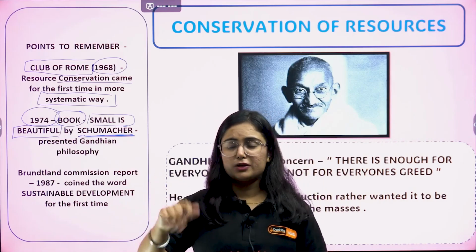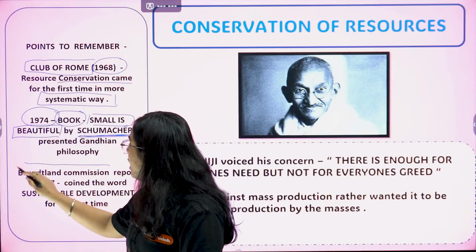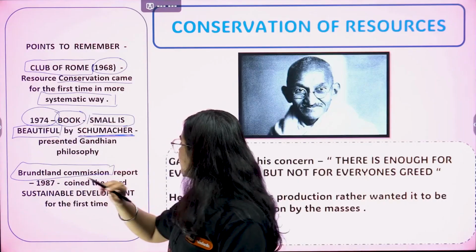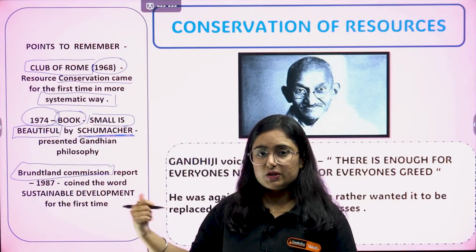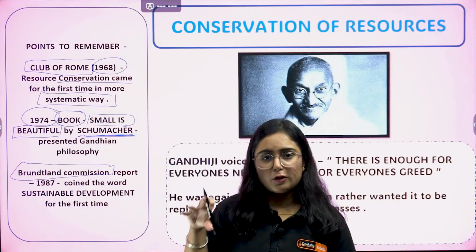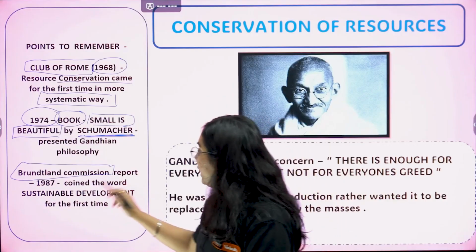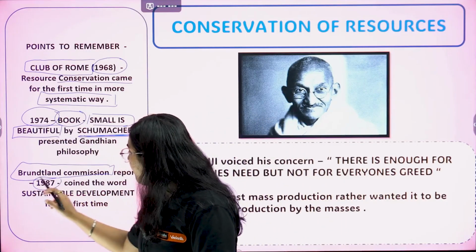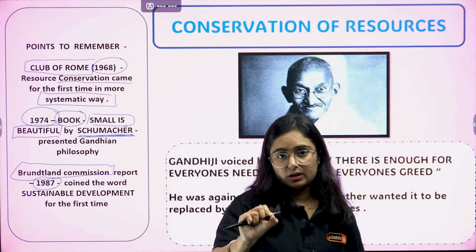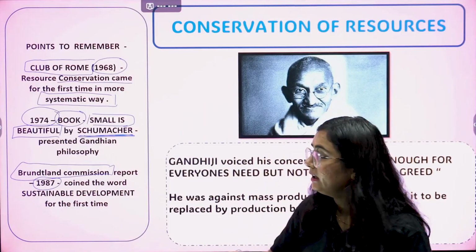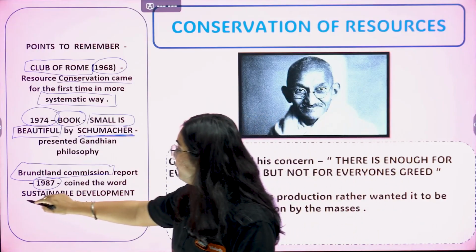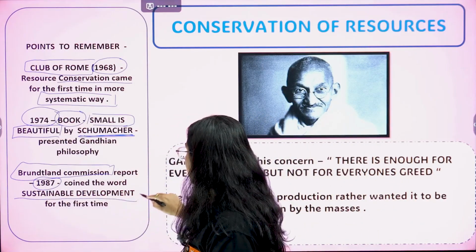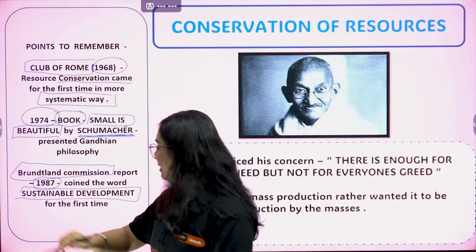After that, a commission was formed referred as Brundtland Commission, and this commission was particularly made for the concept of sustainable development. It presented its report in the year 1987, and for the first time the world knew this word sustainable development.